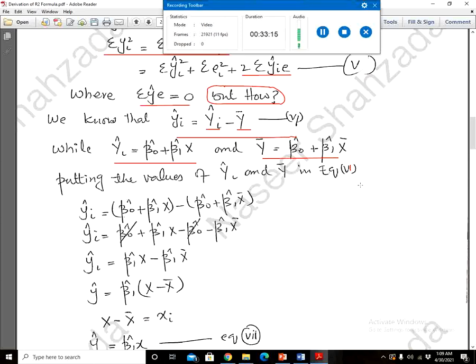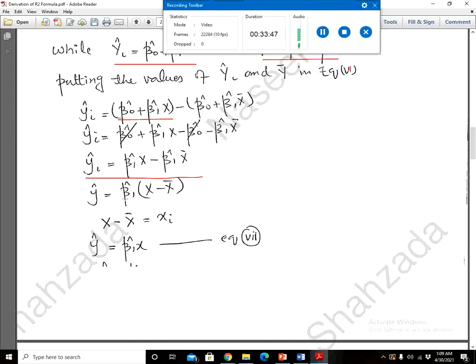We put first small yi cap is equal to beta naught cap plus beta 1 cap x minus beta naught cap plus beta 1 cap x mean. Multiply this negative sign into the brackets. We have negative beta naught cap, negative beta 1 cap x mean. The beta naught cancels with the negative beta naught, and we have the remainder that yi cap is equal to beta 1 cap x minus beta 1 cap x mean.